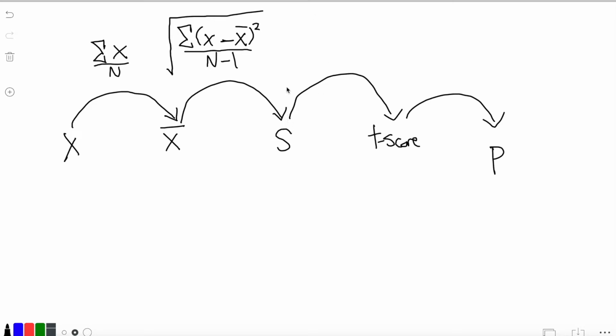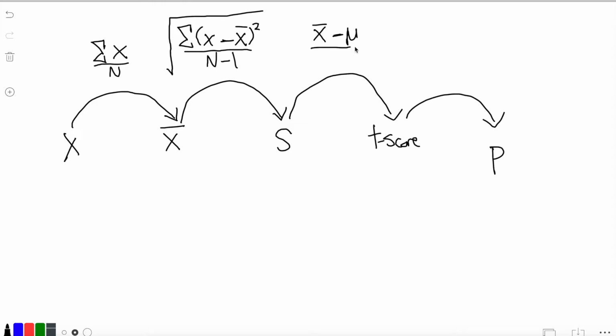So moving from our standard deviation to our t-score is going to go through this equation where we're going to use our mean and our standard deviation, and that looks like this. We're going to take our mean and subtract it from our mu. Now in a past video I talked about how the mu is a population parameter. And what that means for students is that it's going to be given to you in the question, so you don't have to compute the mu like we had to compute the mean and the standard deviation.